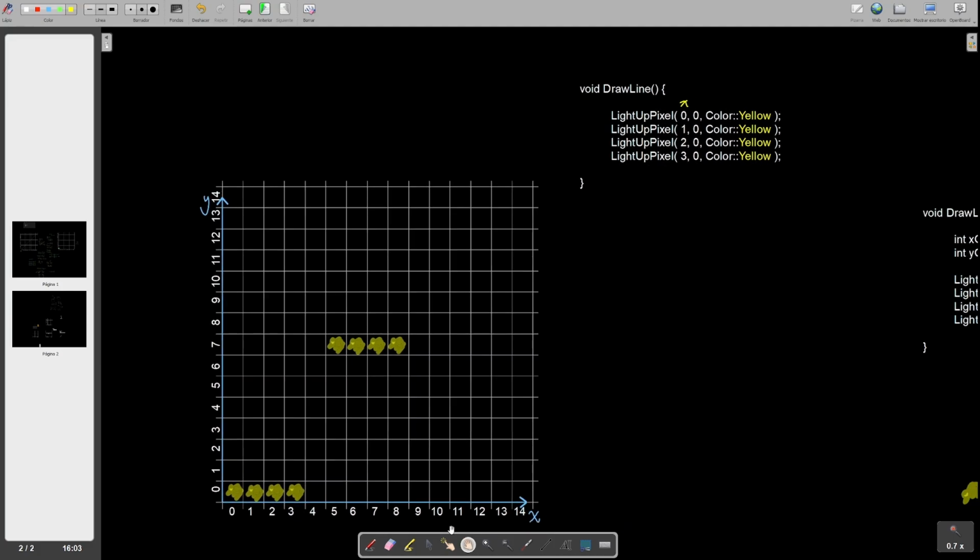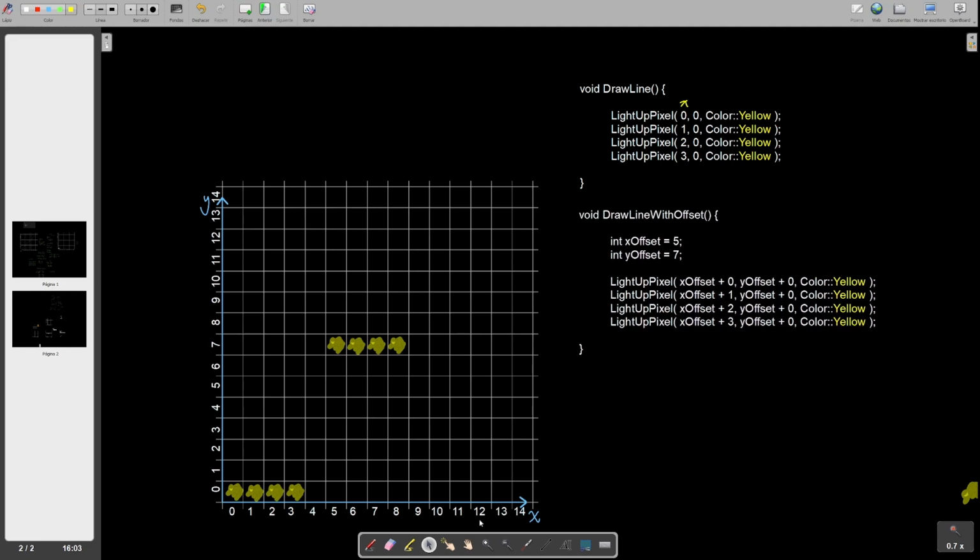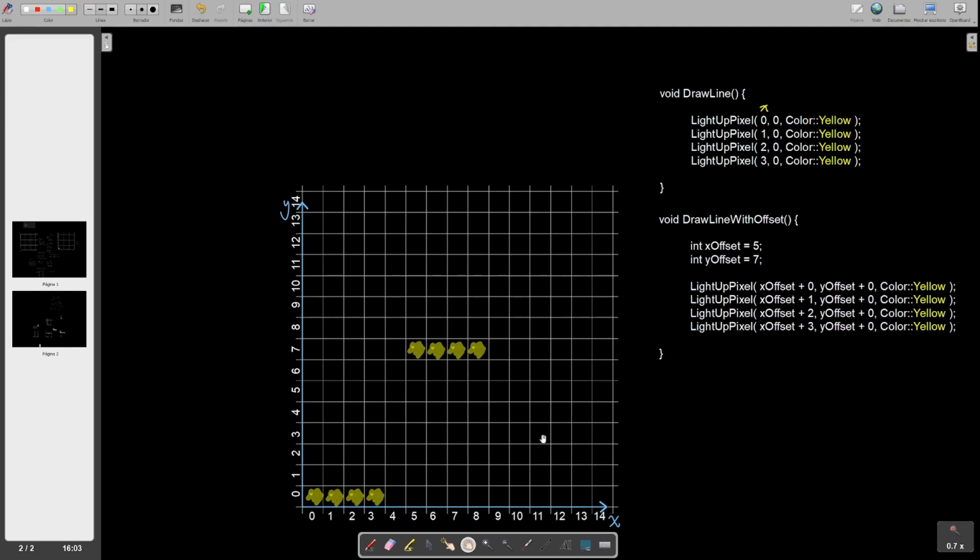Well, we can use offsets, and this method here is going to help us to achieve this translated line, which is going to be the same previous line, but moved by an offset in x and an offset in y. So what you do is just take the x offset and add it to each one of the x components of the coordinates, and that's going to move each one of our pixels x offset units to the right in this case.